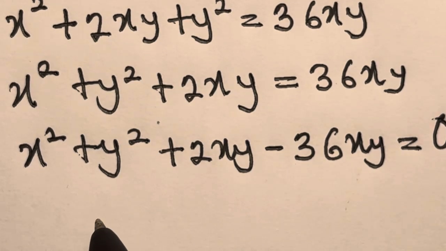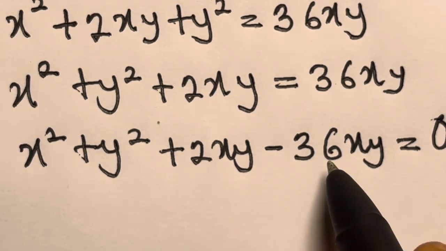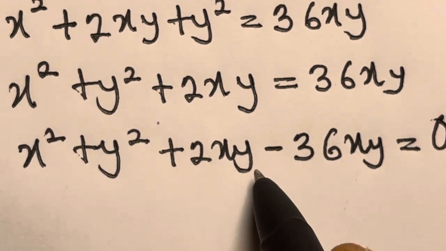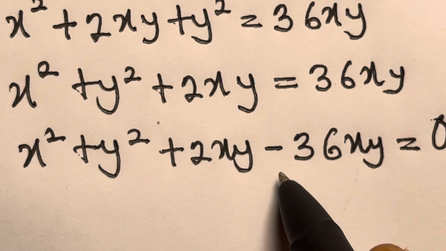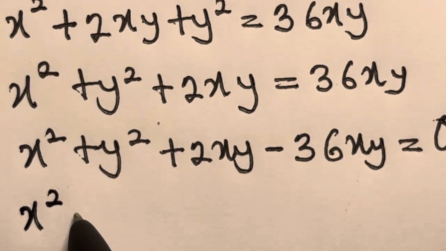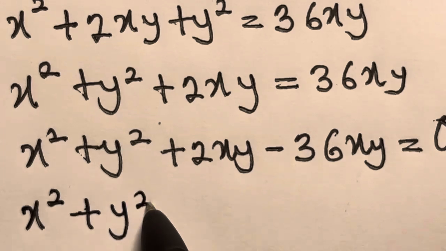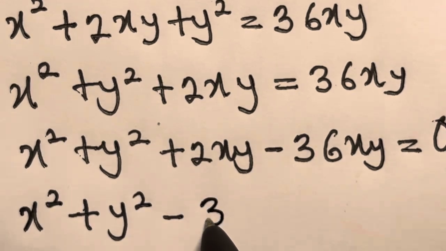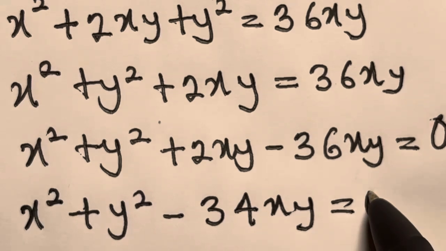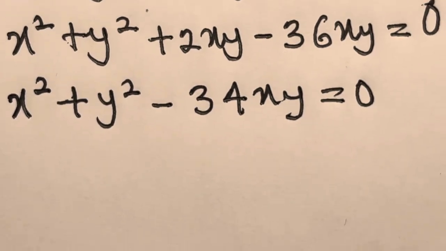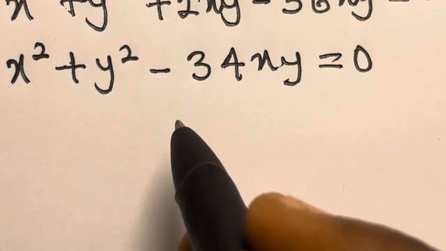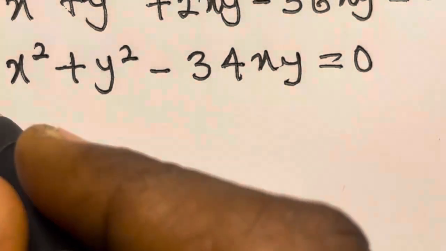So we have 2xy minus 36xy, which gives minus 34xy. So we have x squared plus y squared minus 34xy equals 0. From this equation, we can divide by xy.